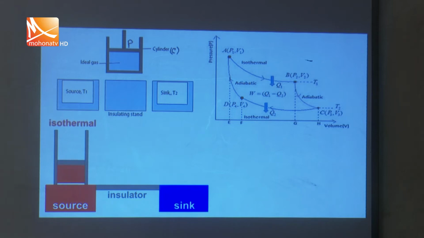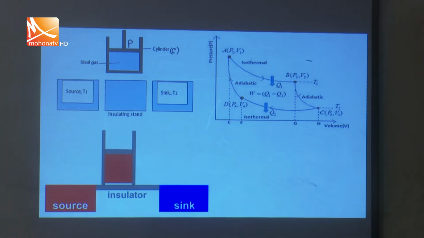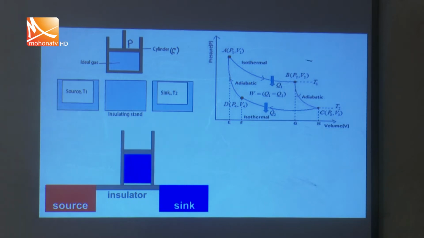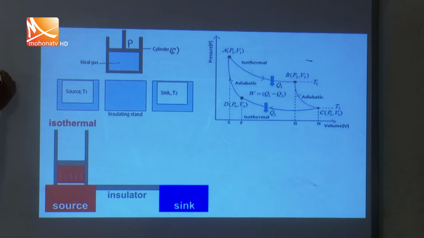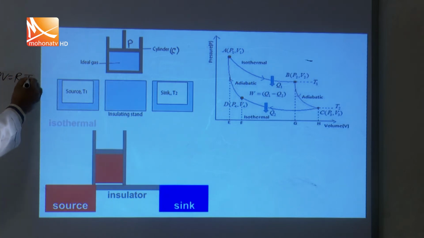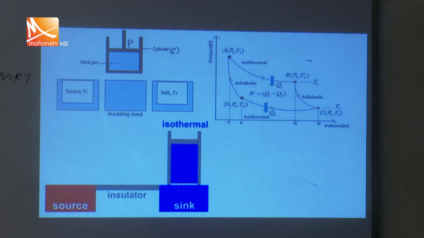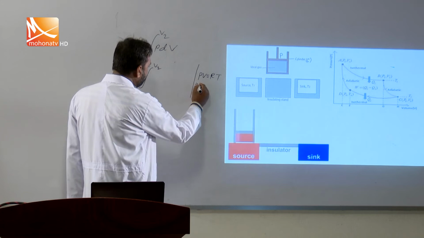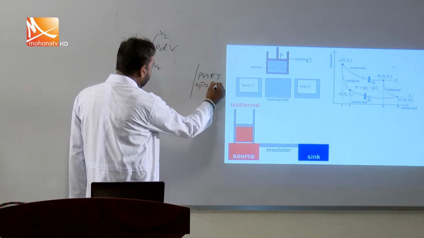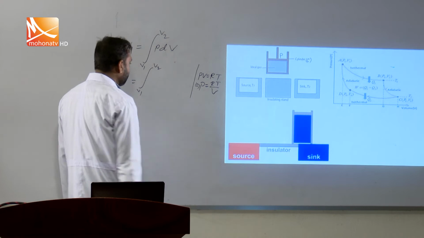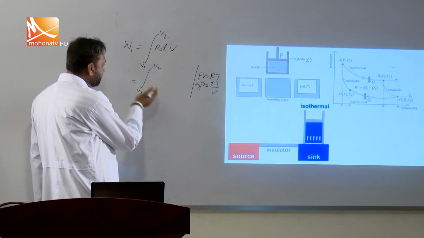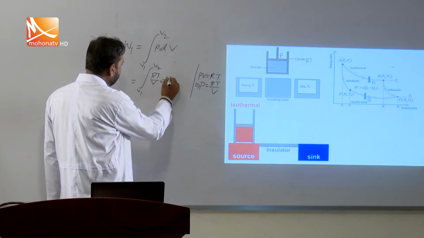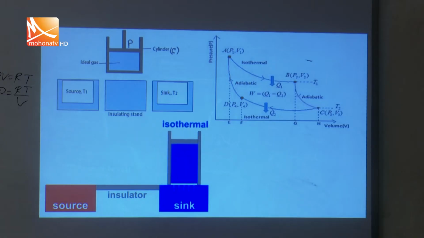Now, we can calculate the integration from V1 to V2. Dear students, PV equals RT for an isothermal process, or P equals RT divided by V. Now, replace the pressure P equals RT divided by V into dV.